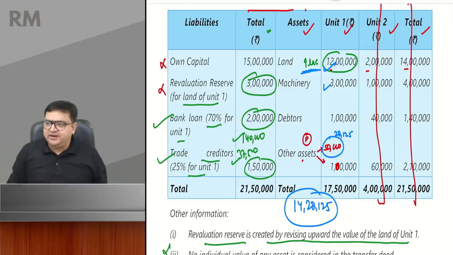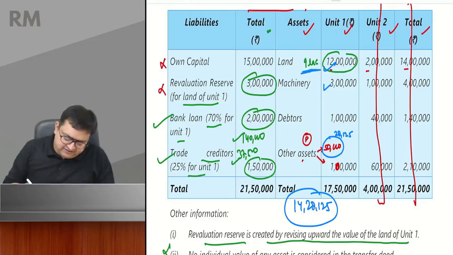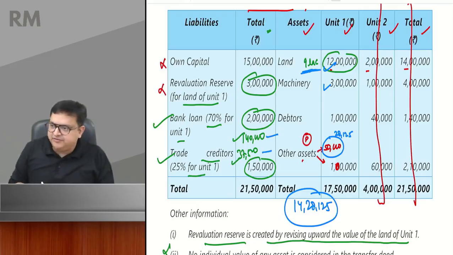Minus outside liabilities. Outside liability is bank loan 140, trade creditors 37,500. 12 lakh 50 or 90.